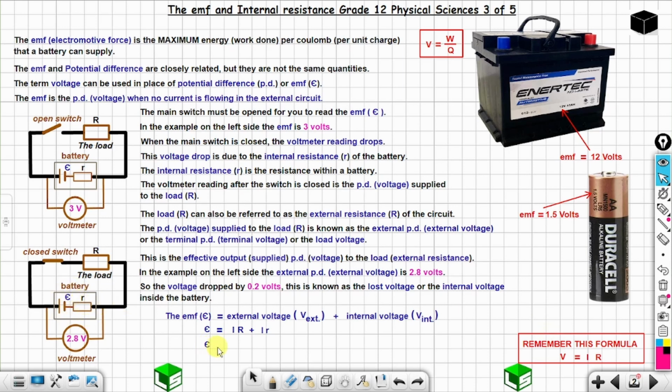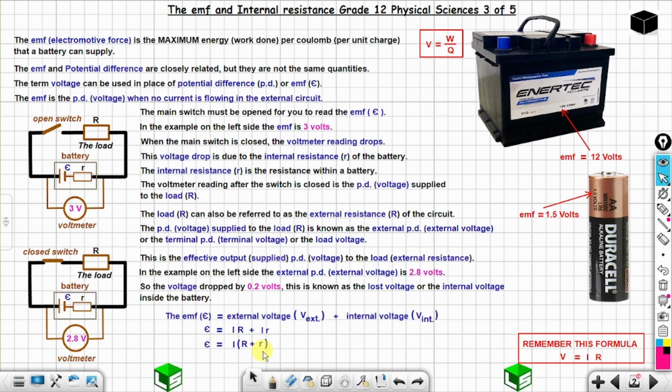The EMF is equal to, the current is common, so you take the current outside of the bracket. You factorize, and you have uppercase R plus lowercase r. This is the formula for the EMF.